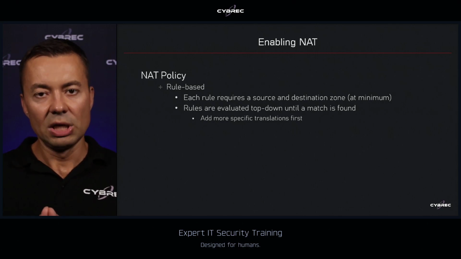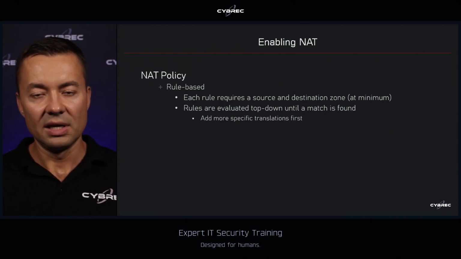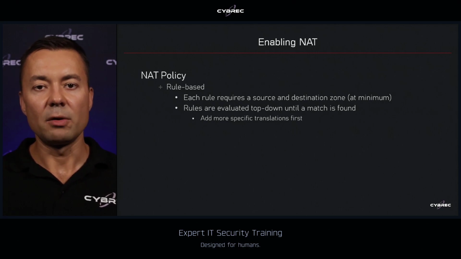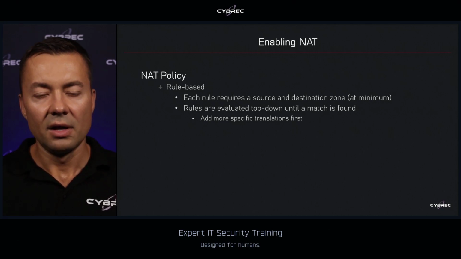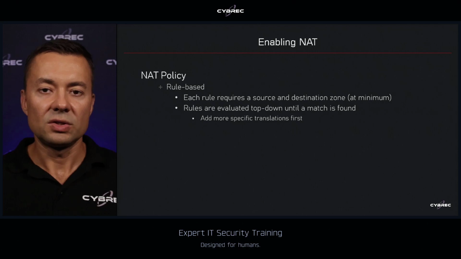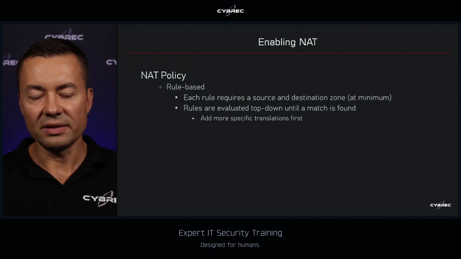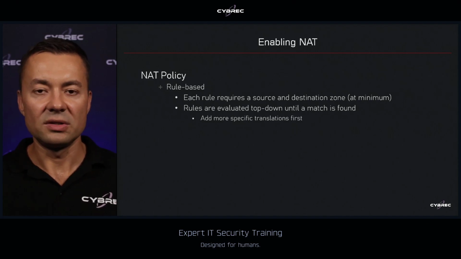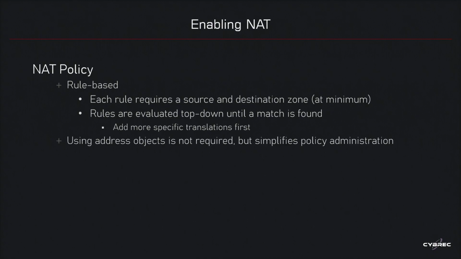If it matches, we will perform a translation based on what the rule says. If we don't have a match, we will evaluate subsequent rules in the policy, which also means that for any type of specific translations, you should always put them first in the policy before any type of broader rules. If we don't have a match in the translation table, we will not perform a NAT at all.